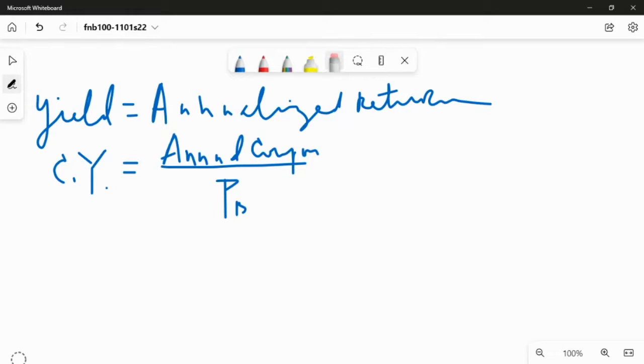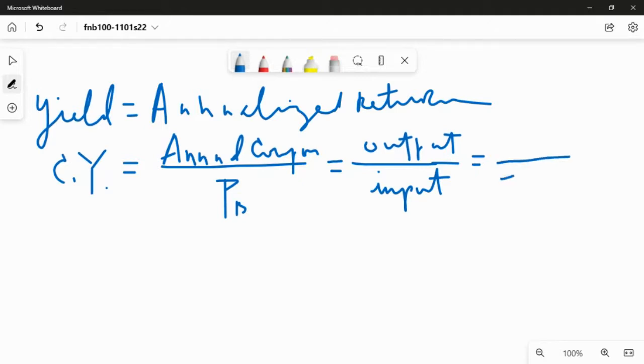Now think about it. Return is basically output over input. Isn't it right? Return is basically what you get for your initial investment.